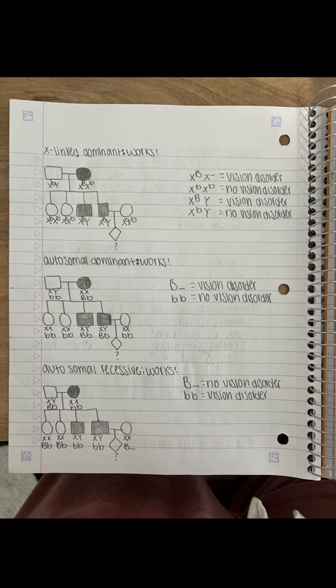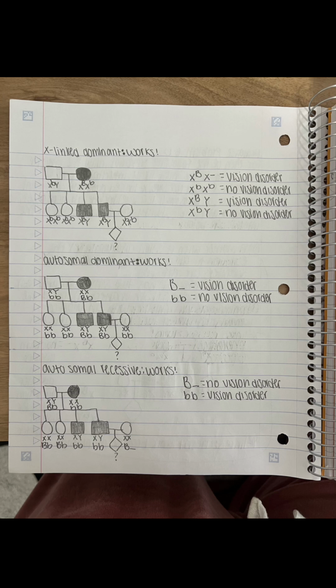And then we have autosomal dominant, which also works. And so this means that this wouldn't be on the gametes or the sex-linked trait. I put the XY and XX just to identify them, but below it has the traits.